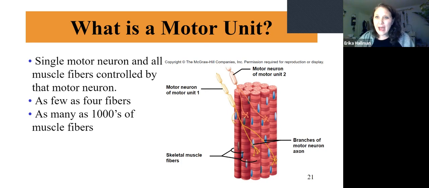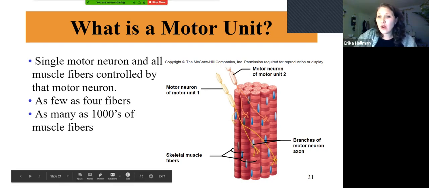Now we see this happen as children develop. If you notice with babies when they're first born, they don't have really good motor control with their fingers. They don't have good fine motor control because they are still growing their nervous system. They're still developing their muscular system. So over time, their body will grow more networks of branches from each of their motor neurons.